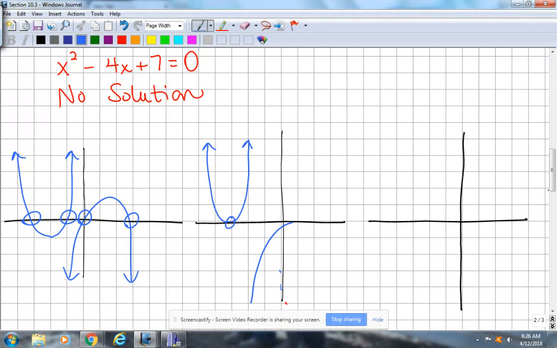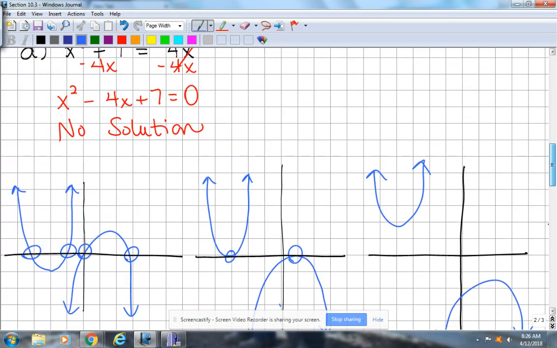Or it could be upside down like the one we saw, and it's only touching 1 place, and you have 1 solution. Or it never touches the x-axis, and you have no solution. So you could get 2 solutions, 1 solution, or no solution for these. Okay?